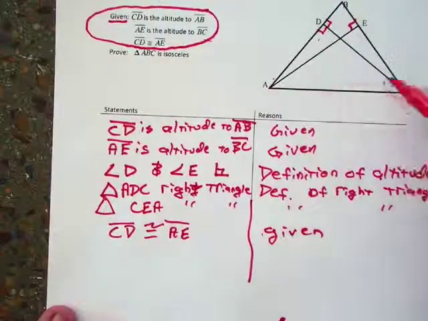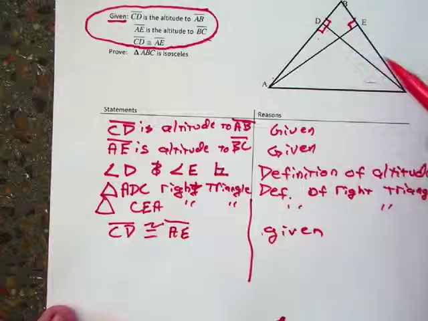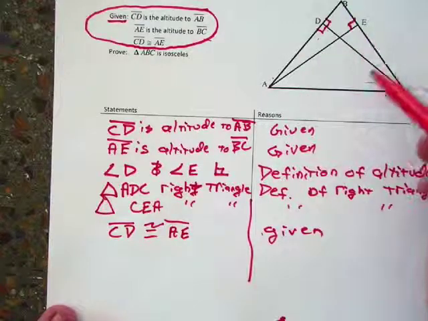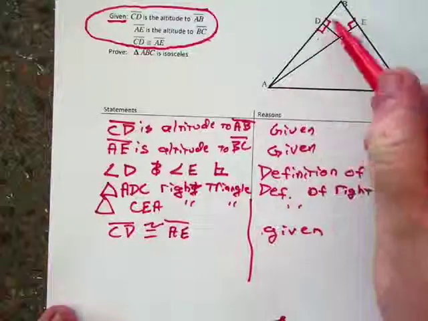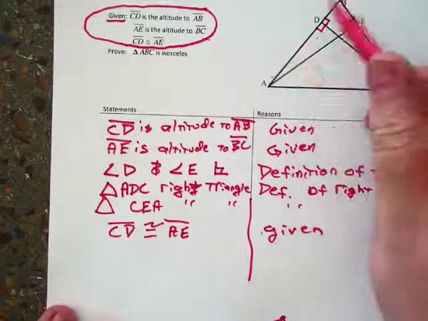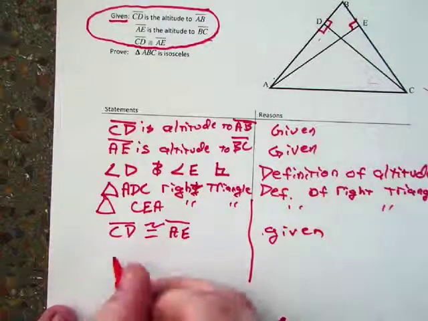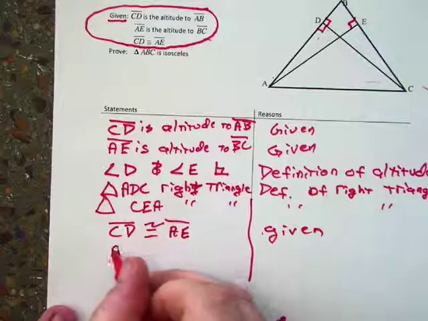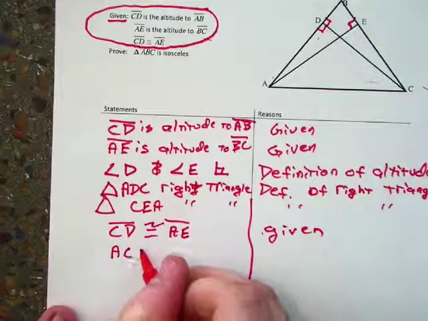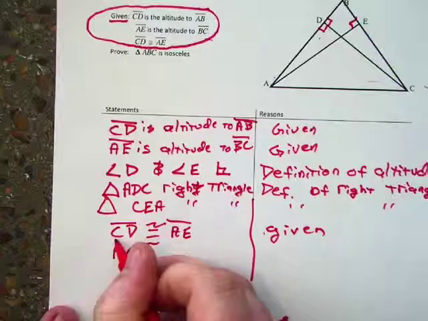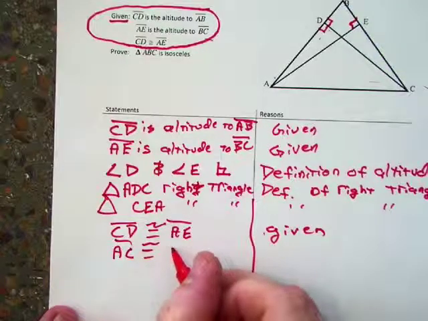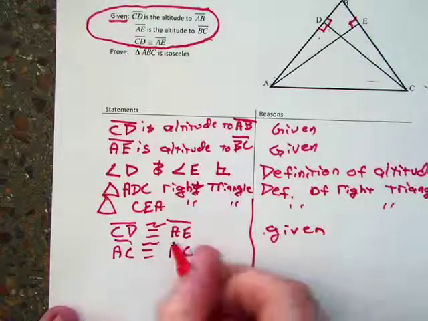Well, that's the base of two triangles, actually three triangles if you look at it. There's that triangle, and that triangle, and they all have that same line, but we know that those are congruent sides or congruent lines because of the reflexive property.